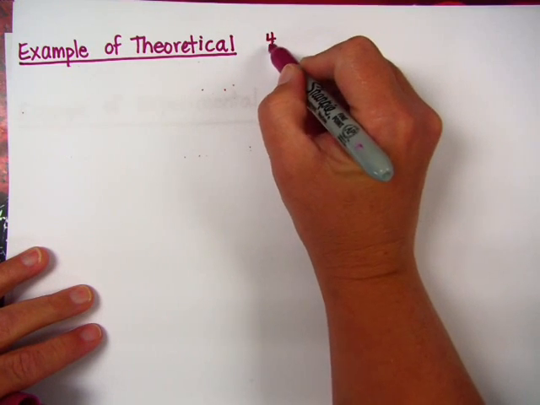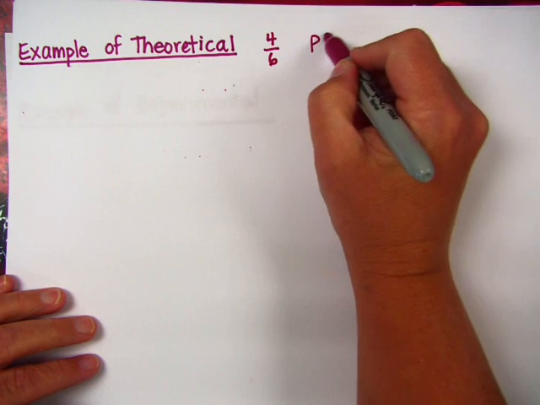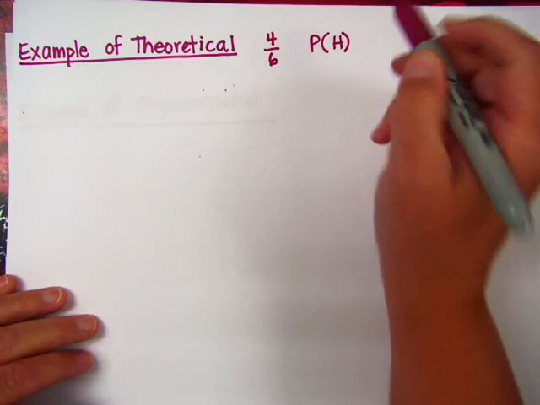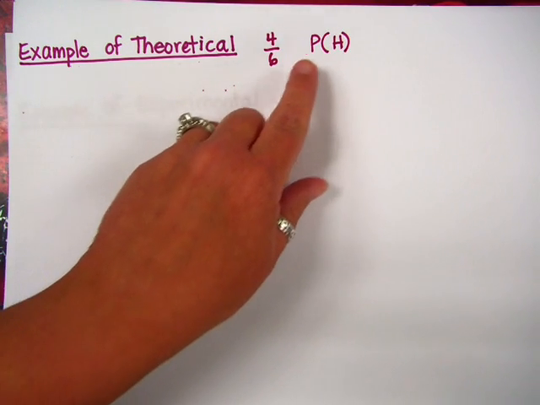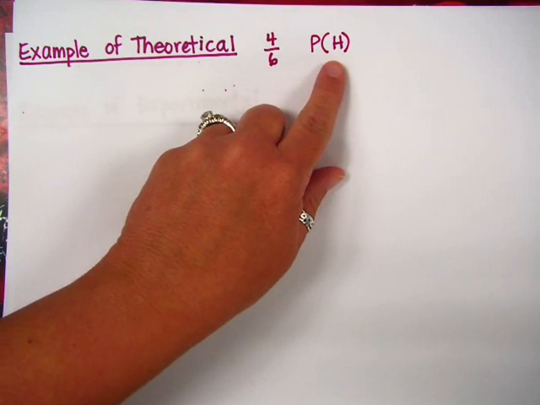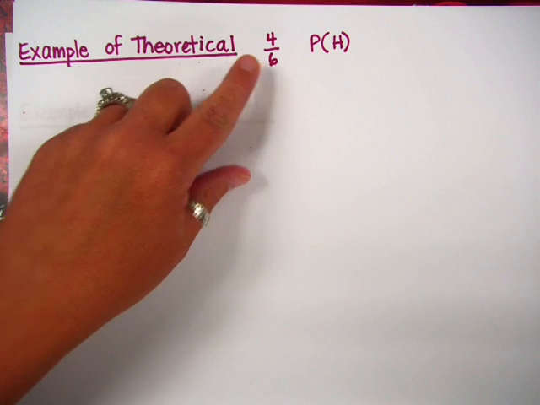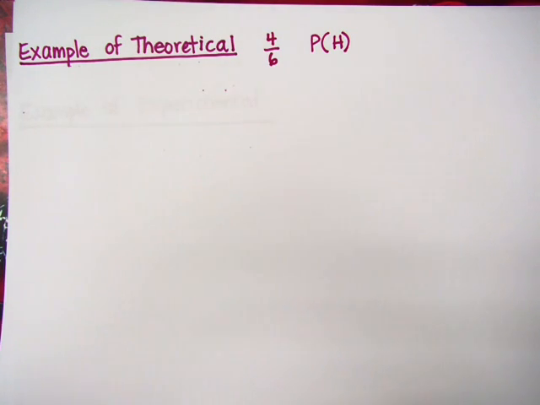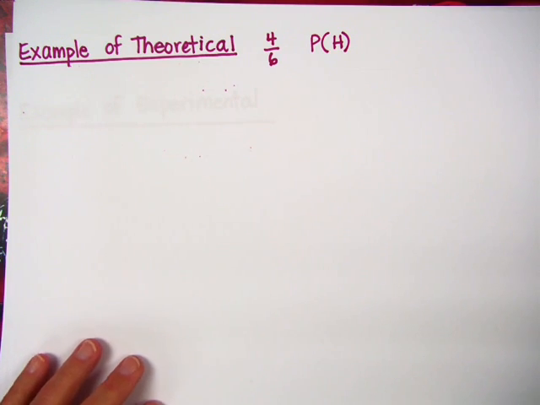So my theoretical probability would be, the probability of a heads, because we write probability like that with a P meaning probability and what you're looking for in parentheses, P(heads) would be 4 times out of 6. That's what I think is going to happen.